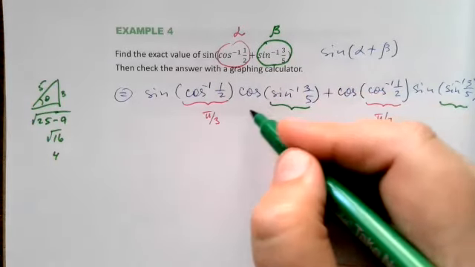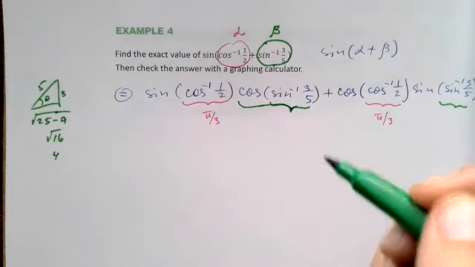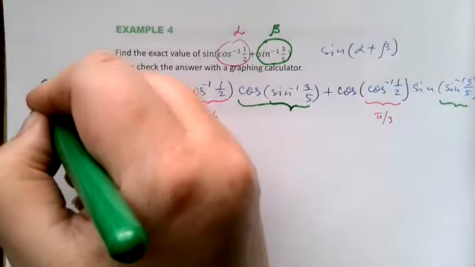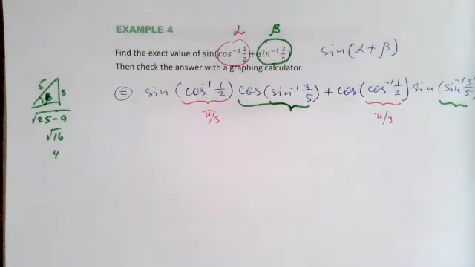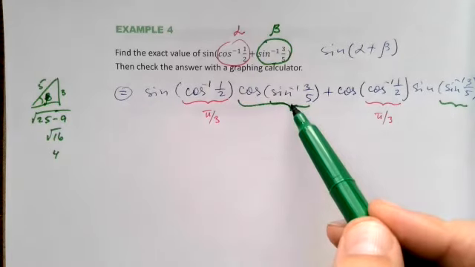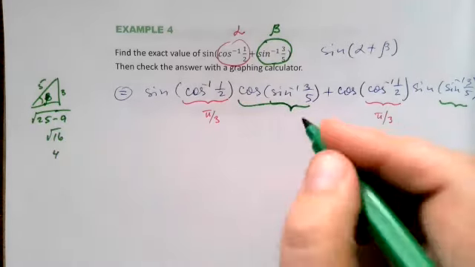So what is the cosine of that angle? This is our angle beta, actually. What's the cosine of this angle beta? The cosine is going to be 4/5.